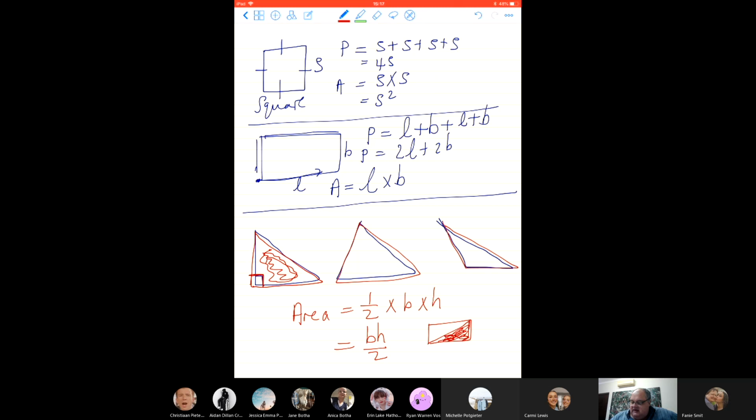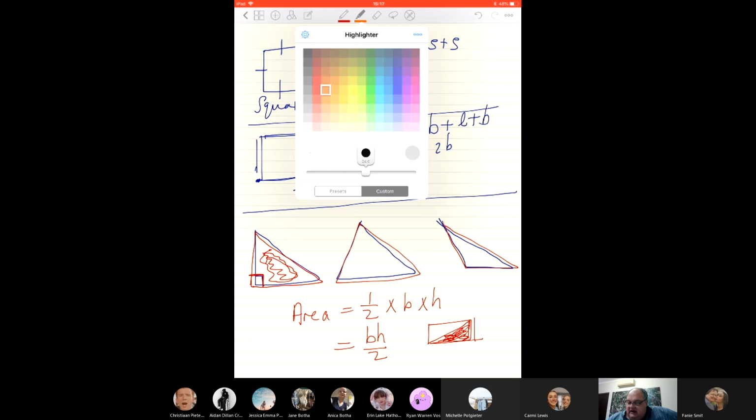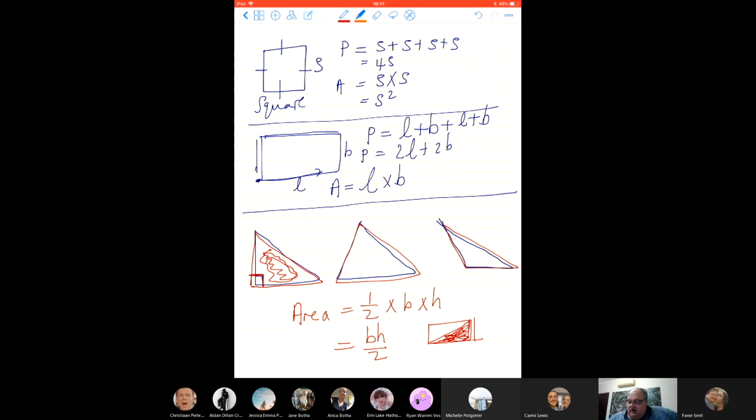And a rectangle is basically length times height, or base times height. So it's half of that. Now what is important in a triangle is that you know exactly where your base and your height is. And remember always that your base is always perpendicular to your height.